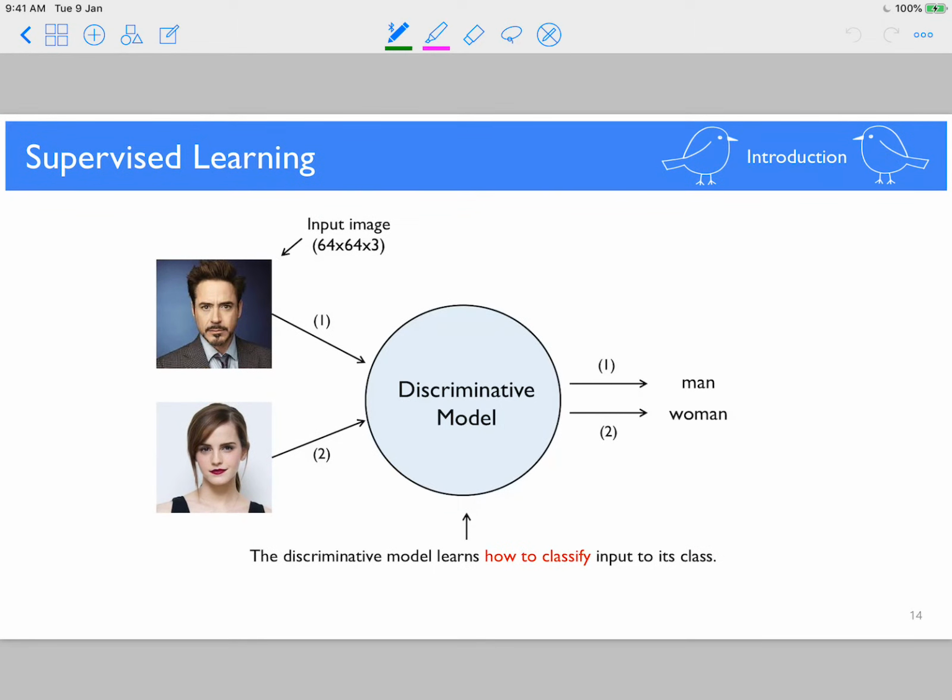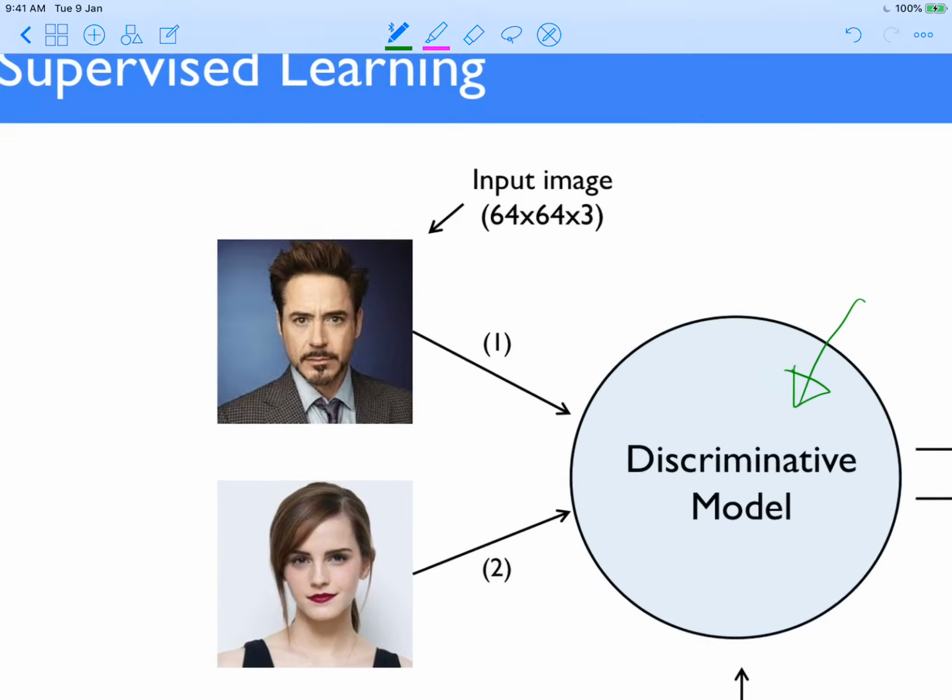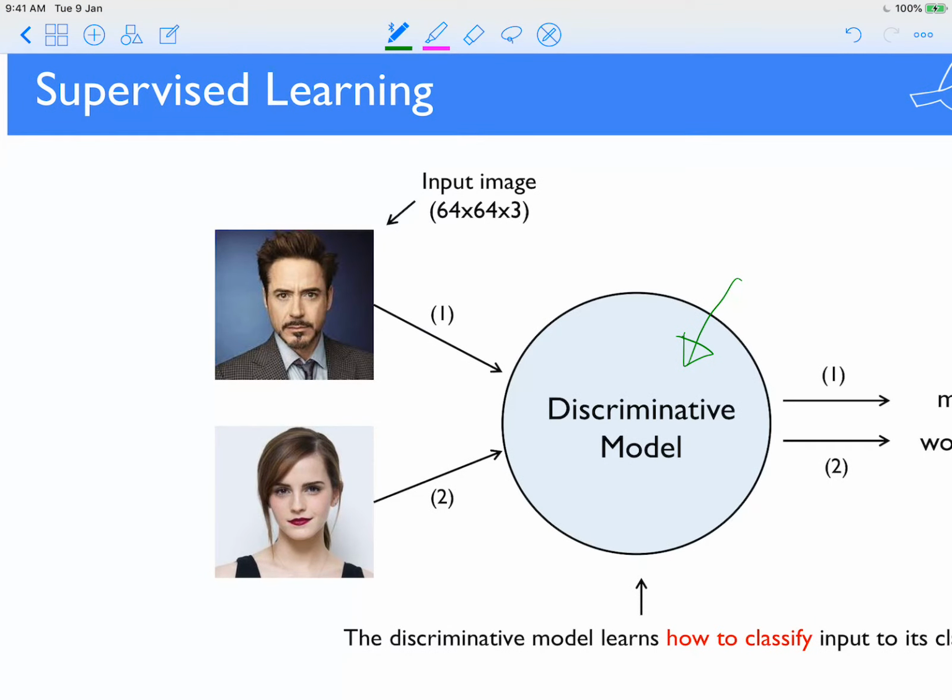Okay, let's get back to a more familiar model, the discriminative model, which does classification or regression. In that case, the given information is composed of many pixel values.